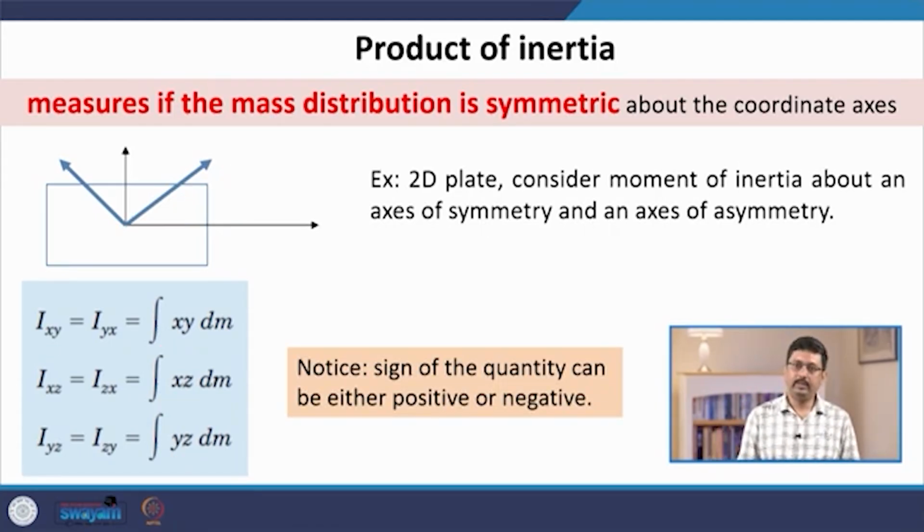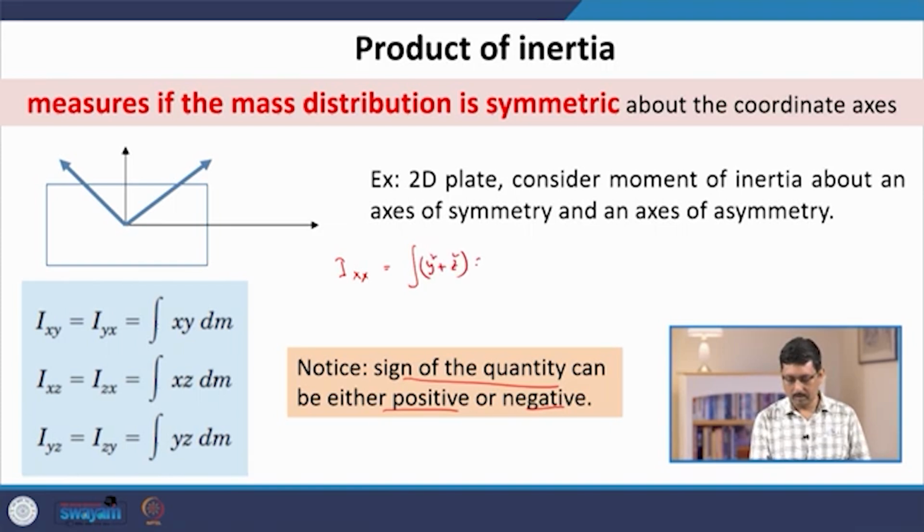Now, there is a crucial difference from the previous case where we were considering the distance. The sign of this component can be either positive or negative. To contrast, when I define the distance of a mass from the x axis, that is always non-negative, strictly non-negative, it cannot be negative.